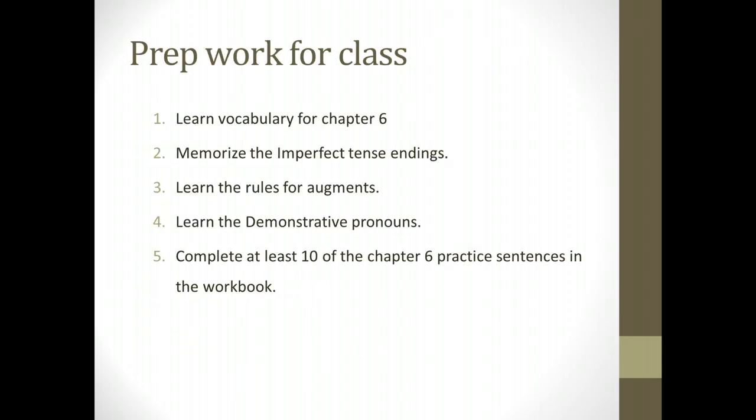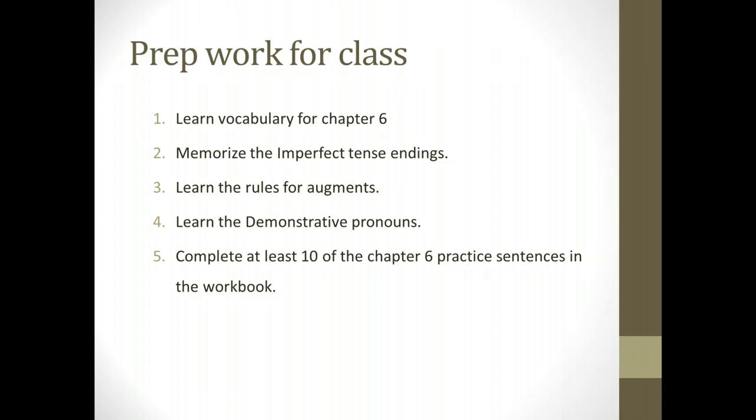As you prepare for class, as always, learn the vocabulary for Chapter 6. Memorize the imperfect tense endings, both the active and the middle passive. Learn the rules for augment, not only the fact that it's an epsilon on a consonant, but learn the rules for lengthening.